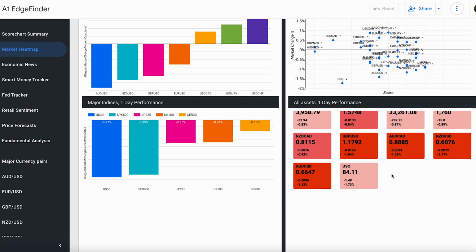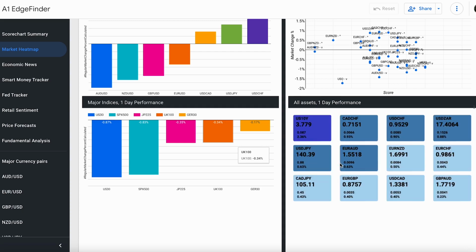And a big move to the downside would be Aussie US, our biggest move to the downside besides oil, at minus 1.42%. You can see that there. NZD USD, Aussie CAD, GBP USD, all big moves, dropping more than minus 1%.